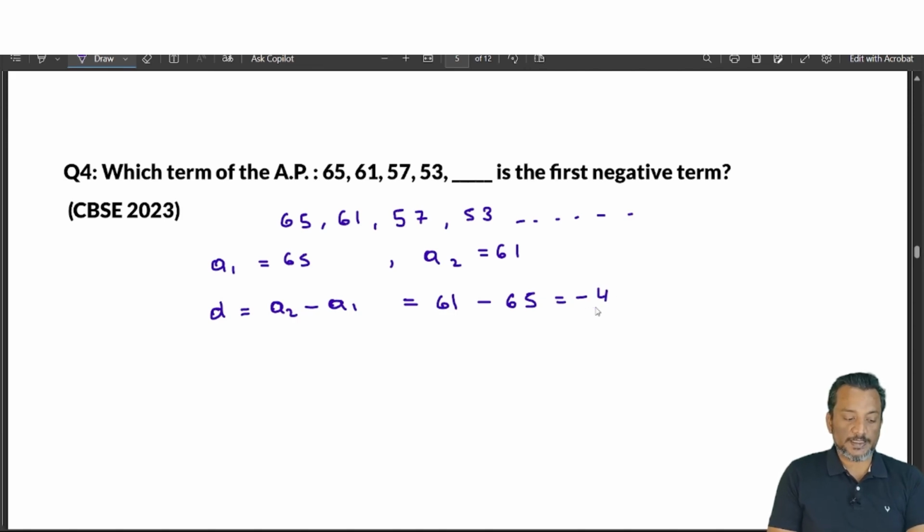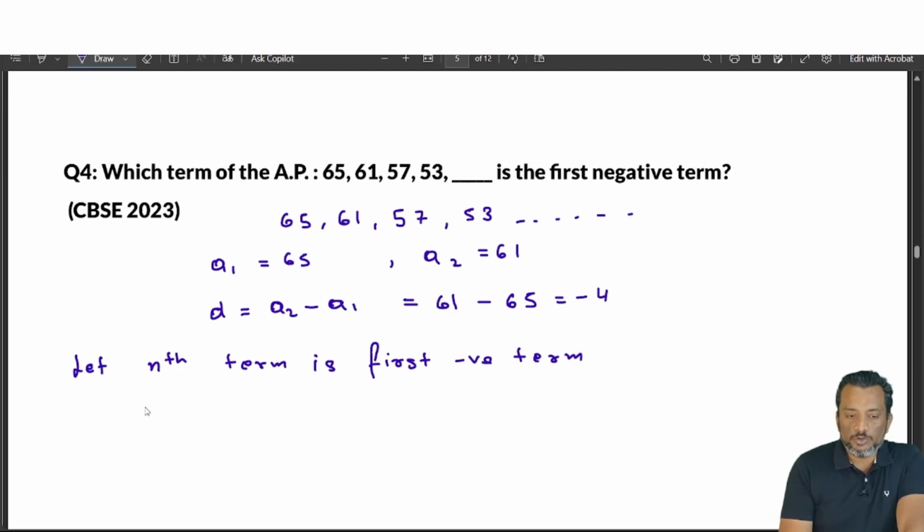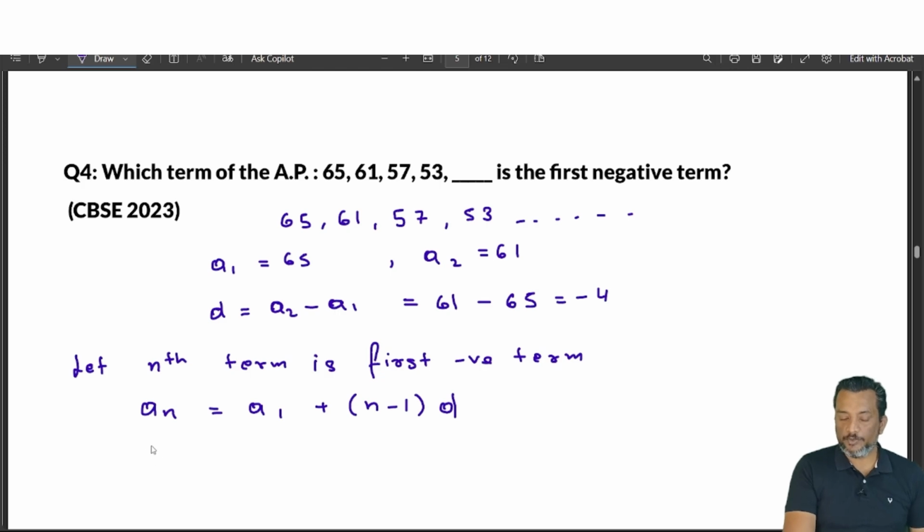Now it is saying we have to find the negative term. So we can say, let the nth term be the first negative term. Here we can say simply an is equal to a1 plus n minus 1 times d. We don't know which term an is.